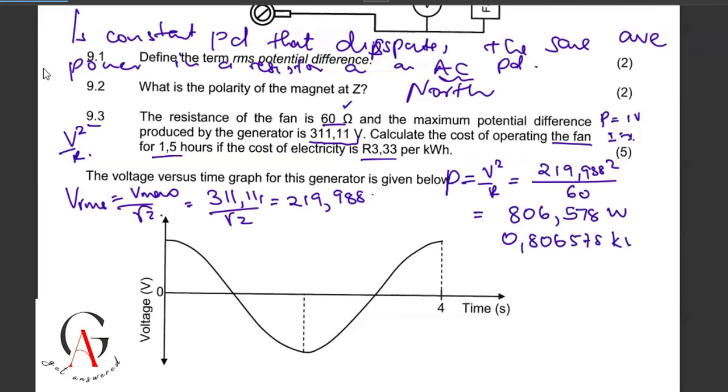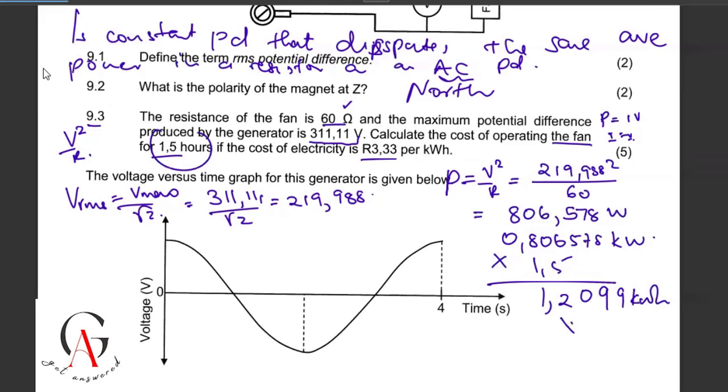Okay, then I can divide this by 1,000 to get 0,806578 kilowatts. Then I'm going to multiply this by the number of hours to get how many units I have. So divide by 1,000, and then times 1,5, which is giving me 1,209 kilowatt hours.